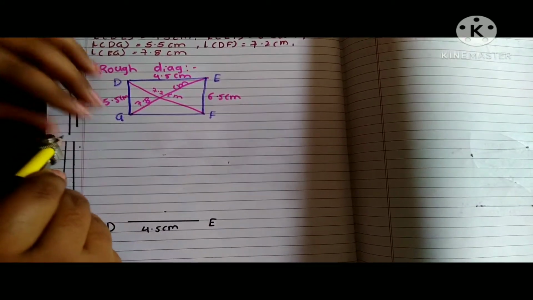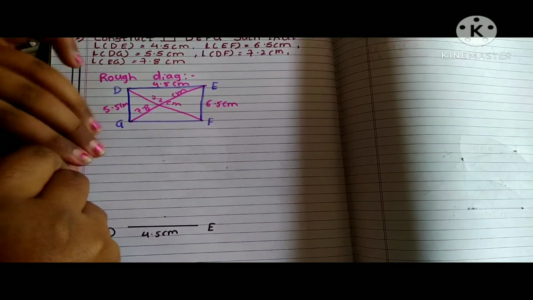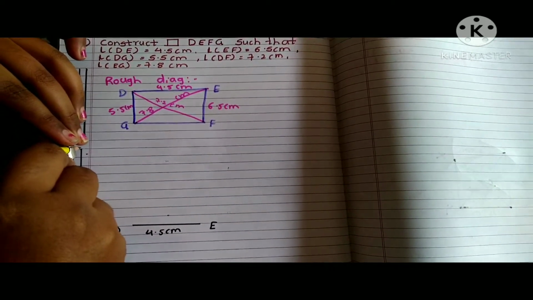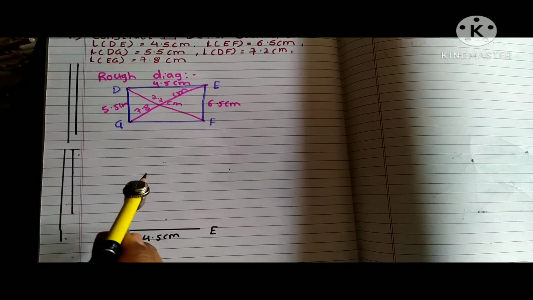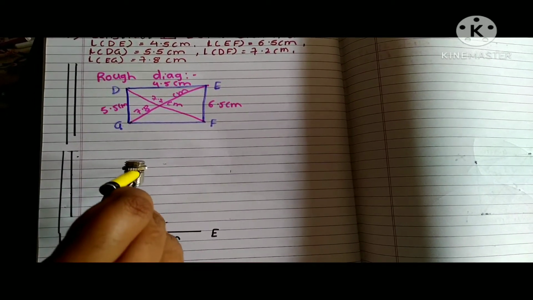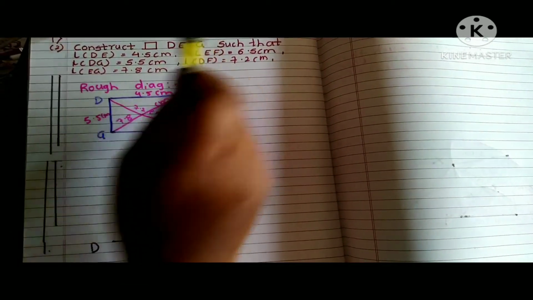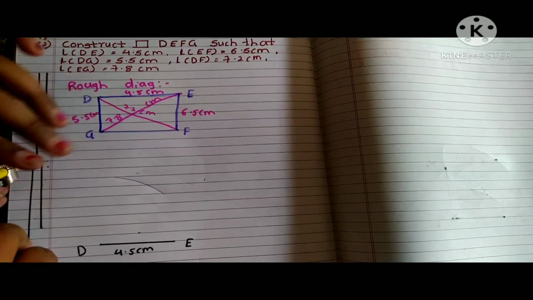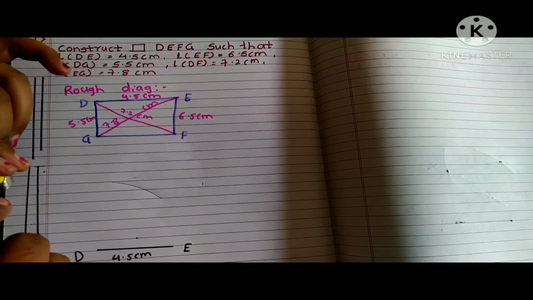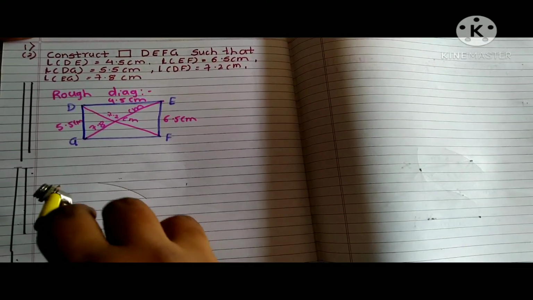Over here I have done the marking first only. So this is my 5.5 centimeter. Yes, we got accurately 5.5 centimeter. So here will be approximately our G, and EG is 7.8 centimeter. So here is my another line, that is 7.8 centimeter. Yes, perfect.